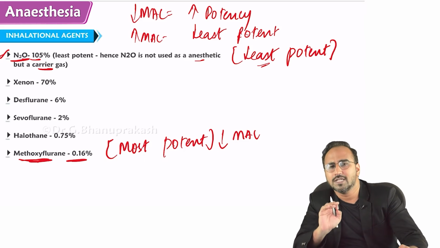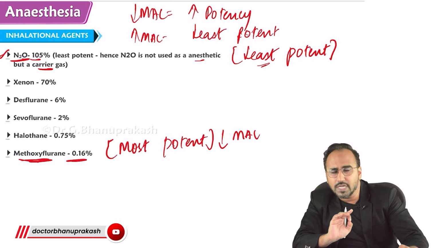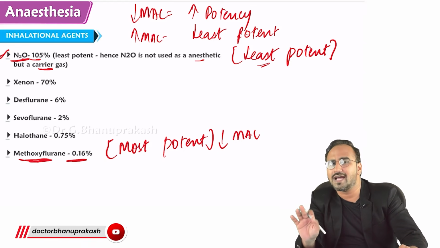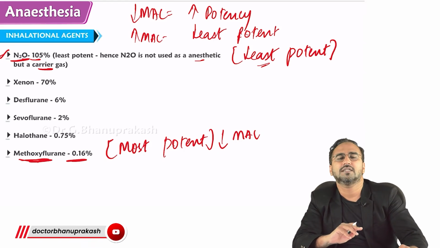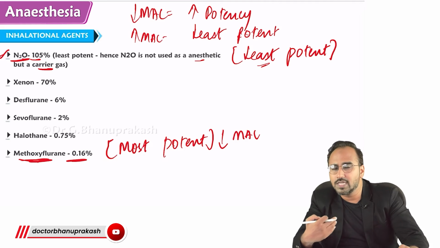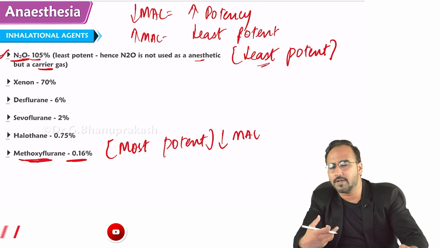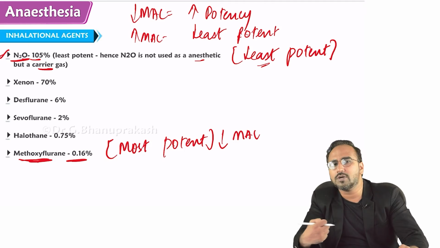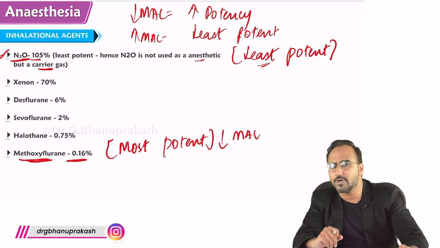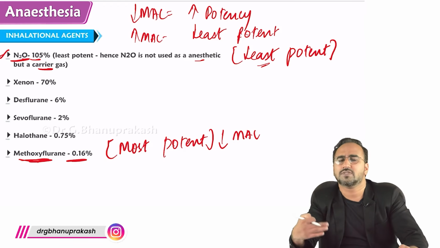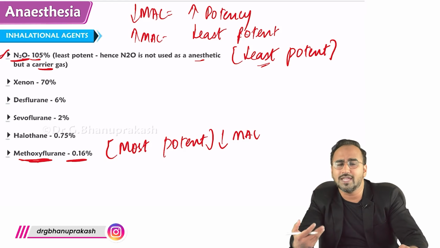Over here also, nitrous cannot be used as a sole gas. It is a supporting gas or a carrier gas. If you want to take a hero out of inhalational agents, it could be halothane, sevoflurane, or isoflurane. But if you want to choose a supporting actor, it is always nitrous. Why? Because it is least potent. Why least potent?